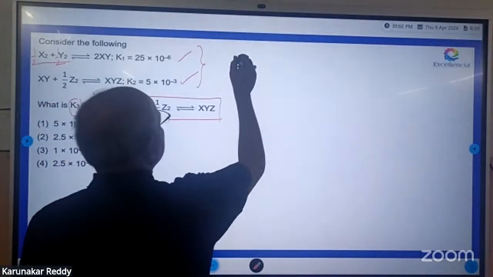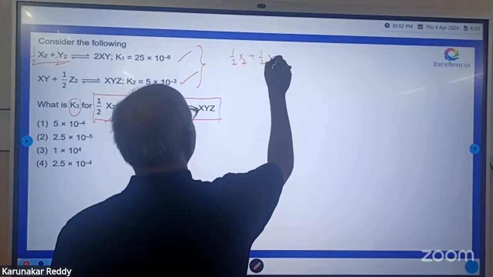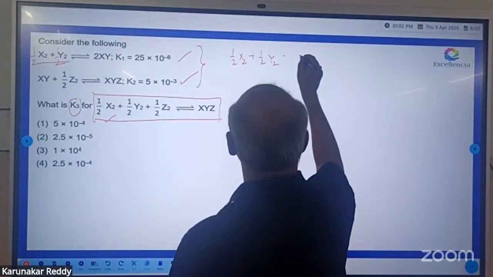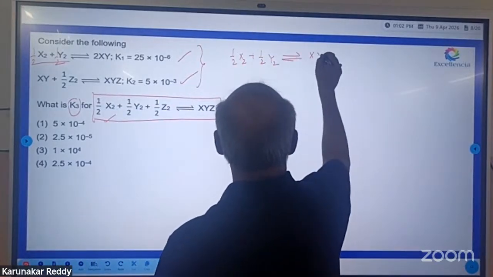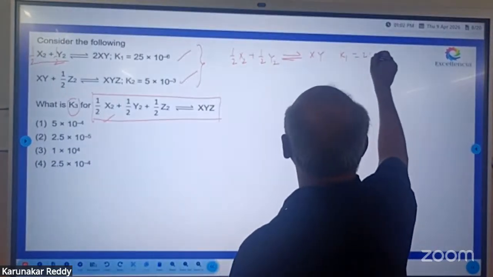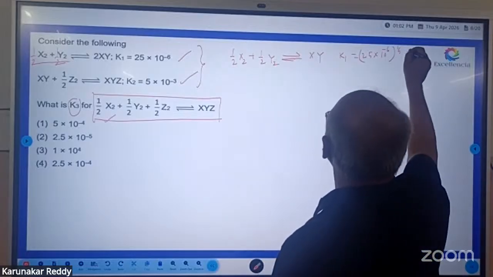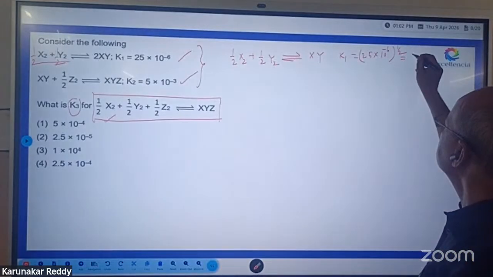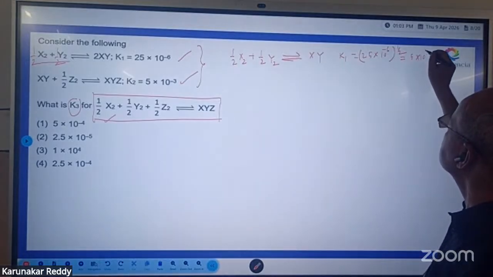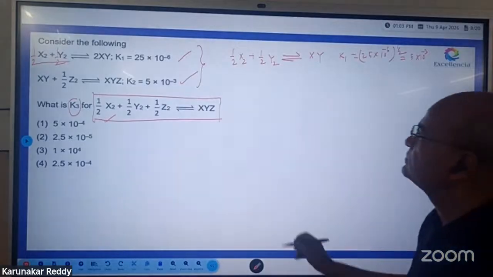So I'm writing over here, half of X2 plus half of Y2 gives rise to XY, and the equilibrium constant is K1 equals 25 into 10 power minus 6, whole power 1 by 2. That's going to give us 5 into 10 power minus 3 as the equilibrium constant.